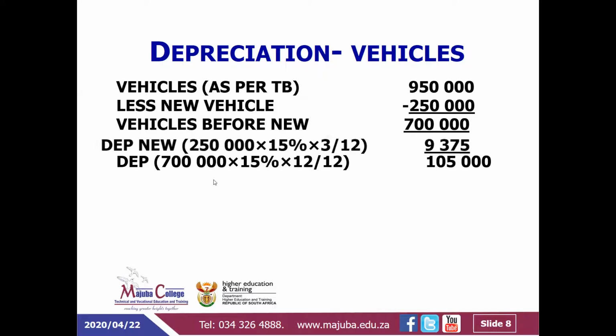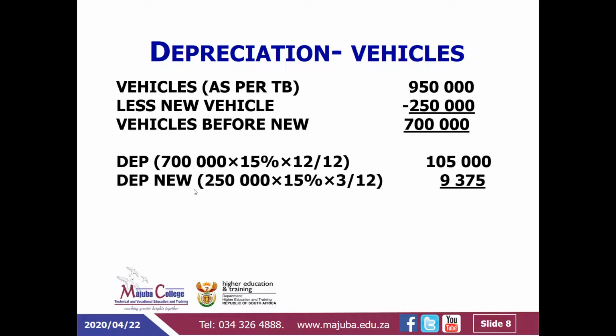However, the 250 only existed for 3 months. Remember, we acquired new vehicles on the 1st of December. So if you count, it will be 1st of December, first month, January, second month, February, third month. So this vehicle only existed for 3 months. So we should only determine depreciation for 3 months, specifically relating to that 250.